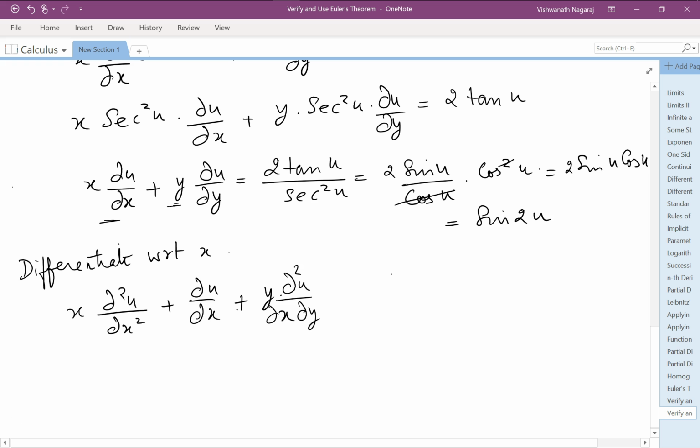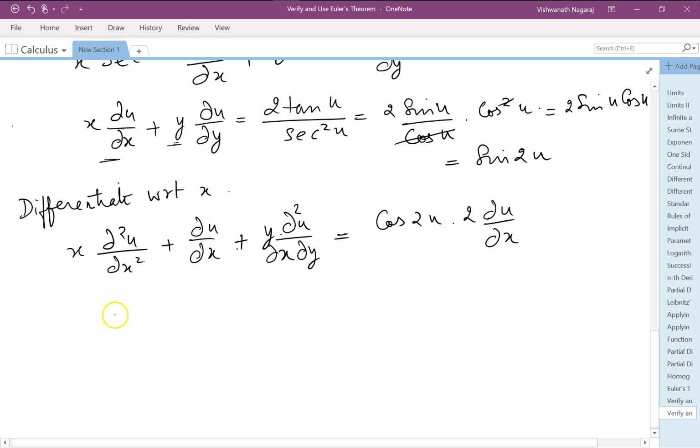We normally don't mention it, but you should know that we actually are differentiating y. Sine 2u is cos 2u when we differentiate, then 2u becomes 2, and 2 du by dou x.